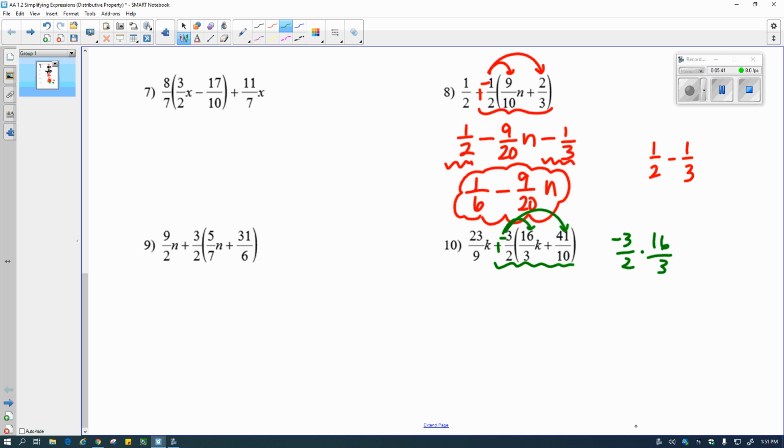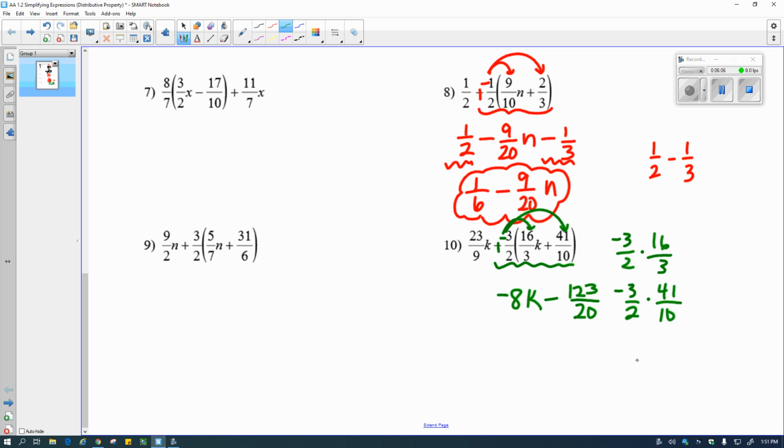And when you plug that in your calculator, you should end up with negative 8k. And then it's negative 3/2 times 41/10.